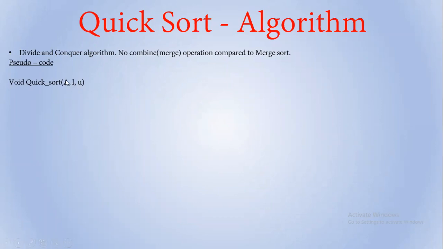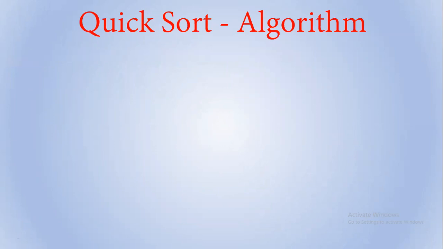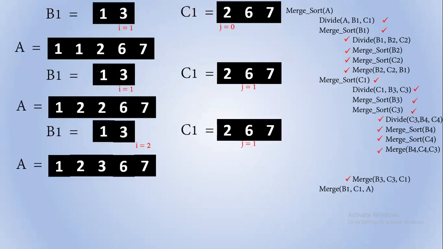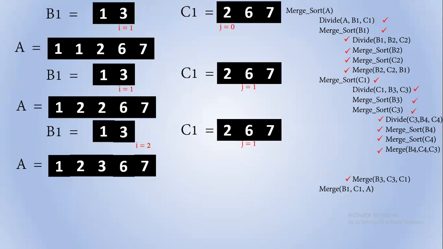For example, if A has array indices running from 0 to 5. So if you take A as this, this is the A0 element, this is the A1 element, this is A2, this is A3, this is A4.